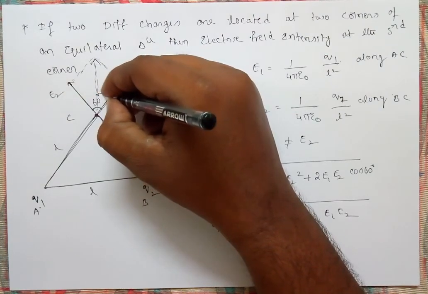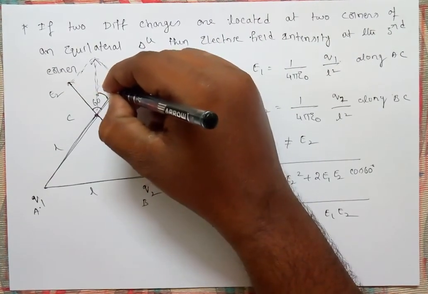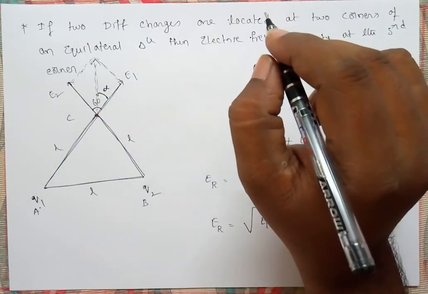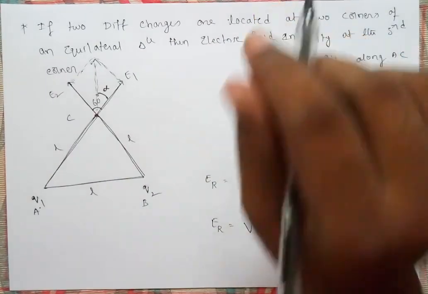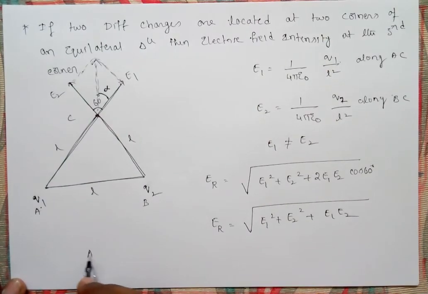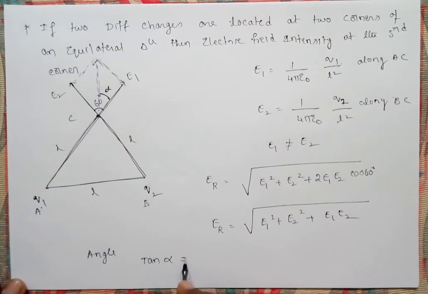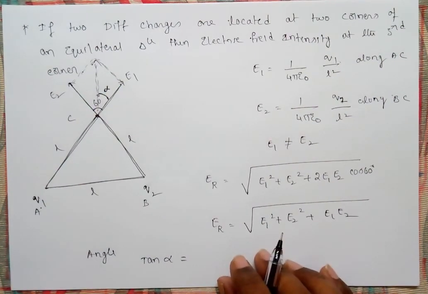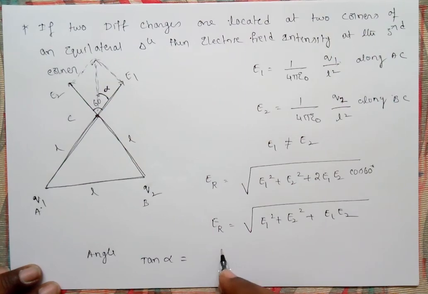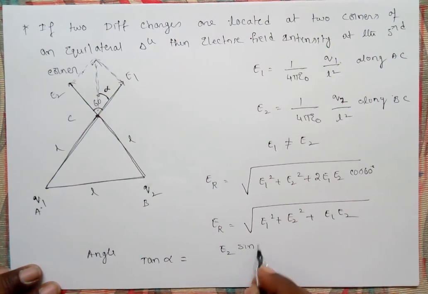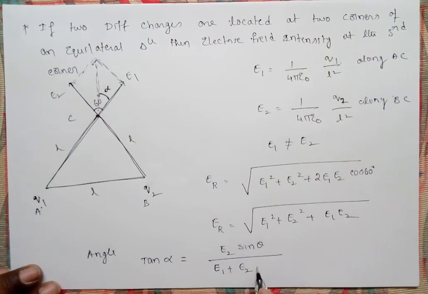Suppose you want to find the angle made with E1, this is alpha. How can you write that alpha here? Tan alpha equal to E2 sin theta by E1 plus E2 cos theta.